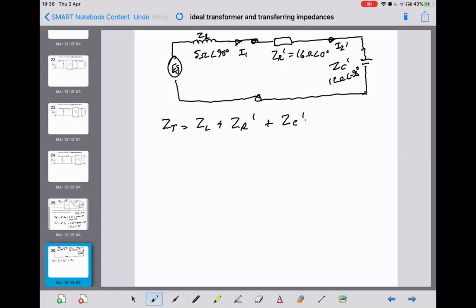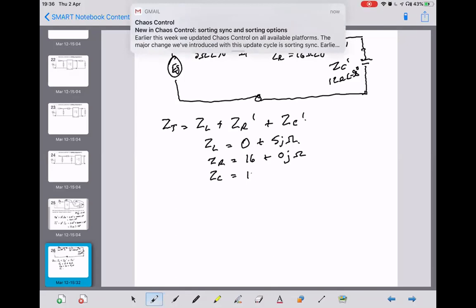So ZL is equal to 0 plus 5j, ZR is equal to 16 plus 0j, and ZC is equal to 0 minus 12j.